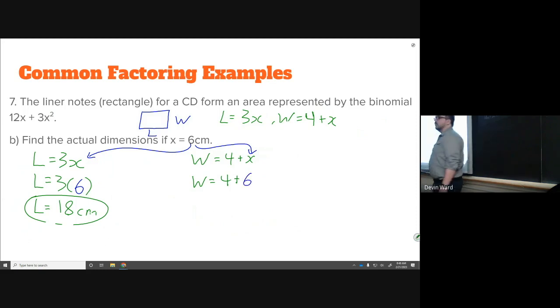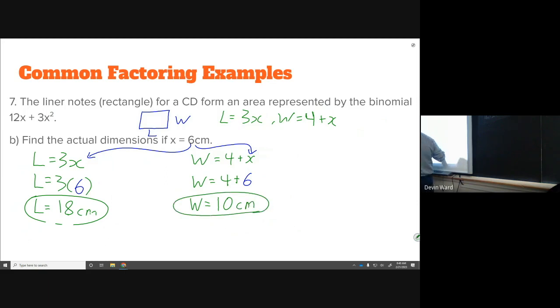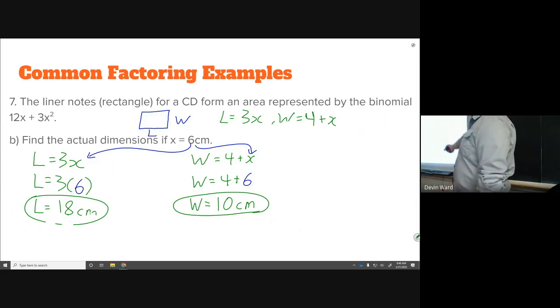The width equals 4 plus 6, and then 4 plus 6 is 10. Perfect. So our dimensions would be 18 centimeters and 10 centimeters.